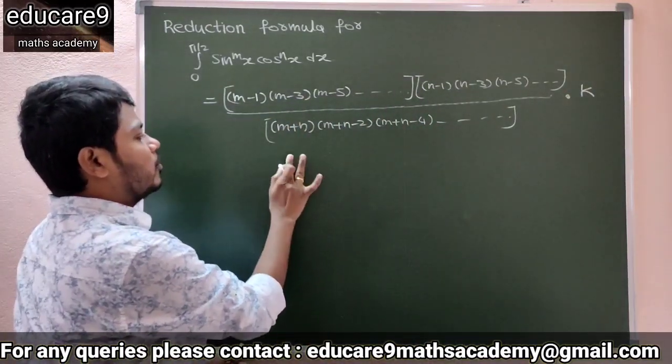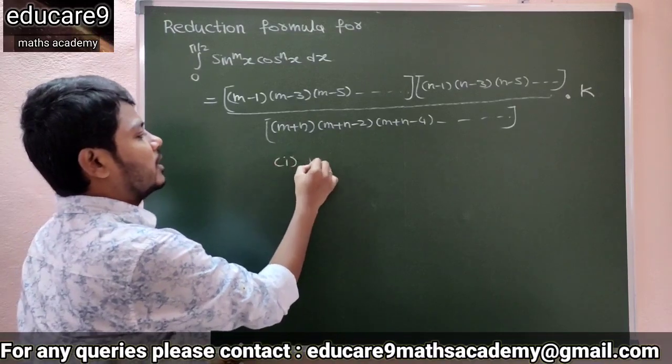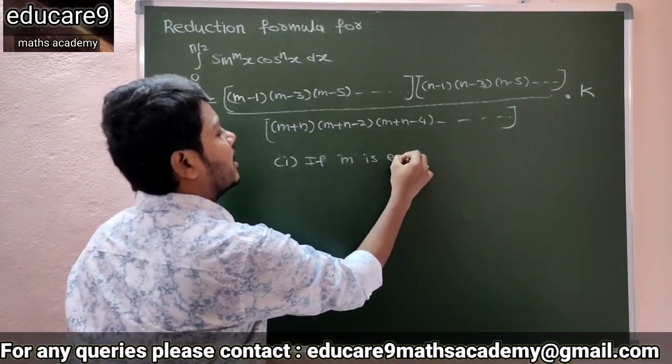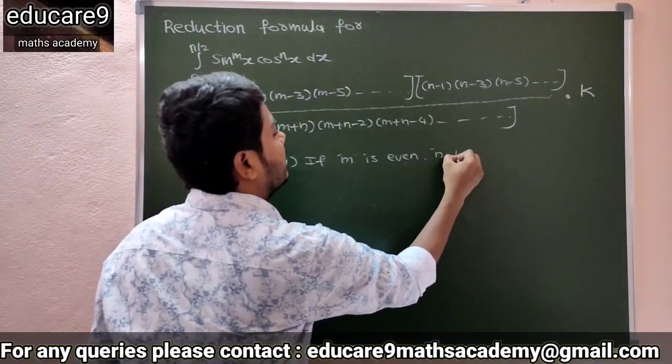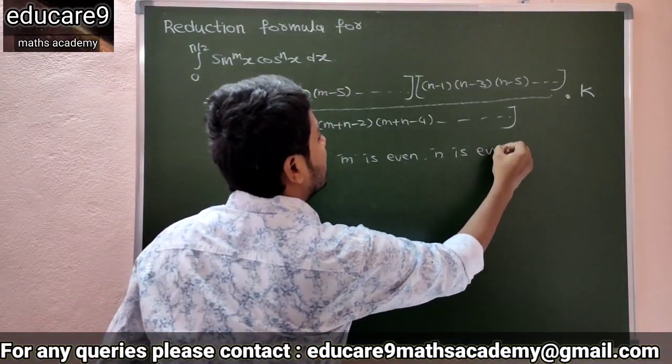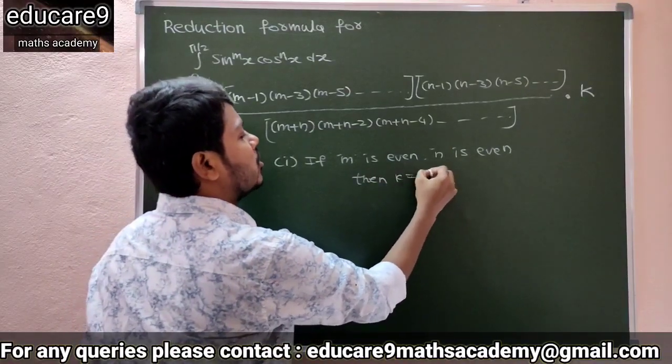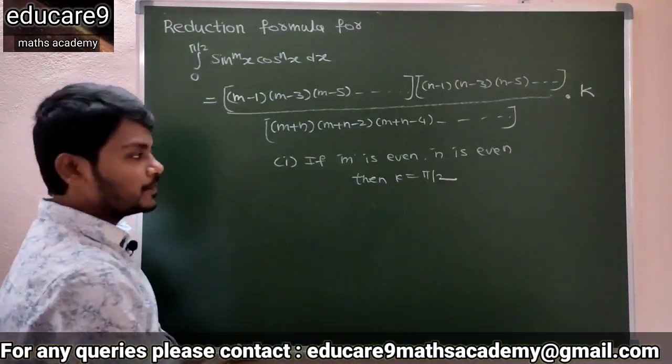See here, first one, if m is even, n is even, then k is equal to pi by 2.